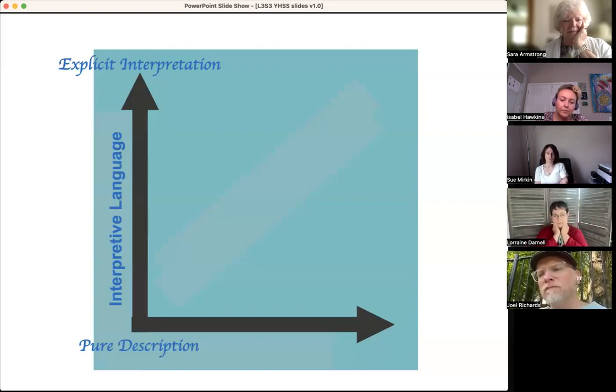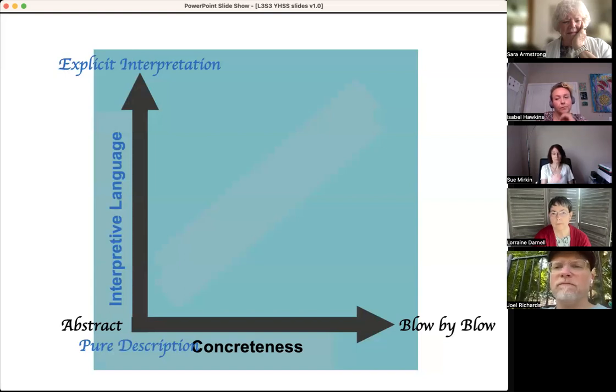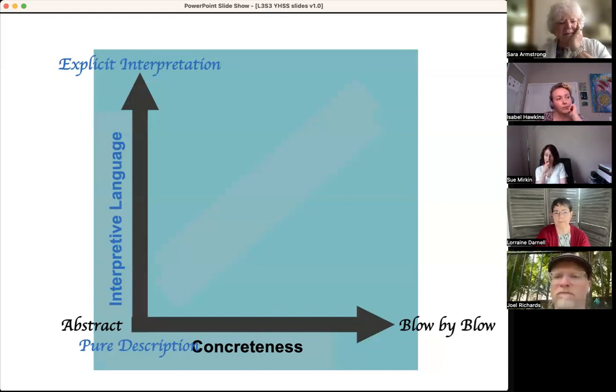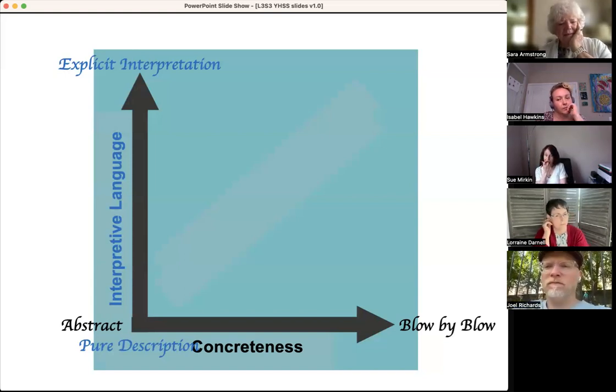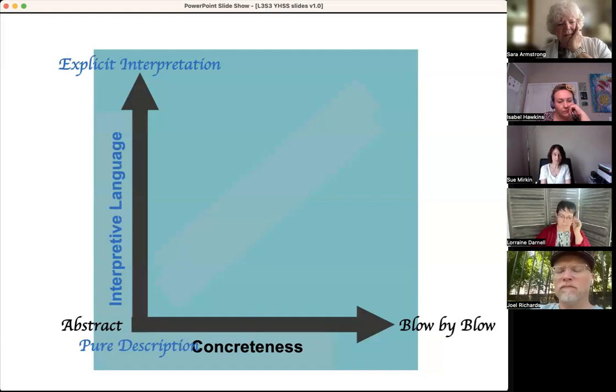So what does this tell us? Well, if concreteness goes from abstract to blow by blow from left to right, and pure description to explicit interpretation goes from down to top, then if you put your hand right in the middle, it's going to be right in the middle of concreteness and right in the middle of interpretation.